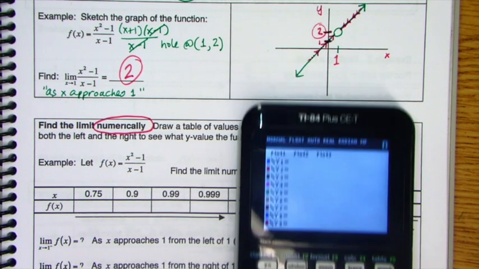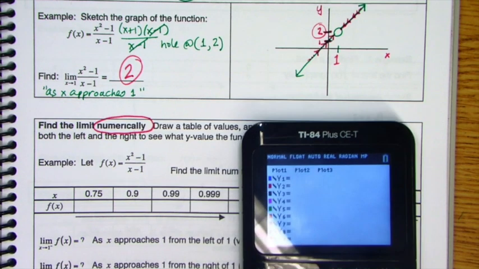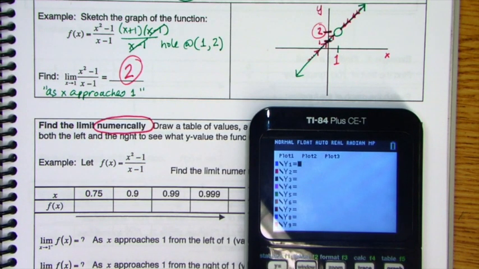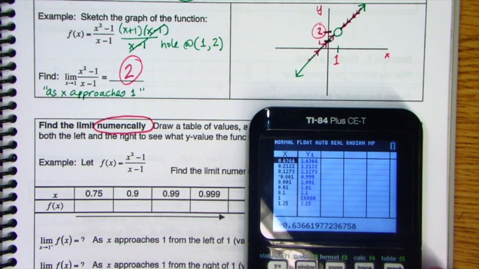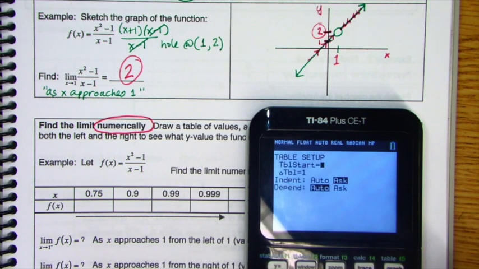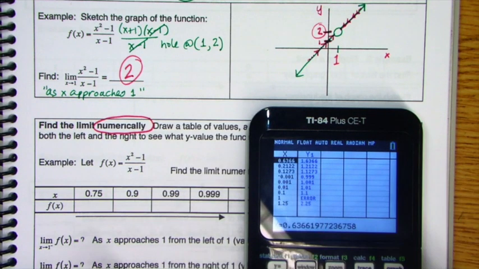So you would go into your calculator and you'd type in this function, x squared minus 1, and make sure you're using parentheses, divided by x minus 1, and then I want to go over to my table. Okay, now I have this on my second table setup. I am on ask. So then what I can do in my table here is I can just type in any values.